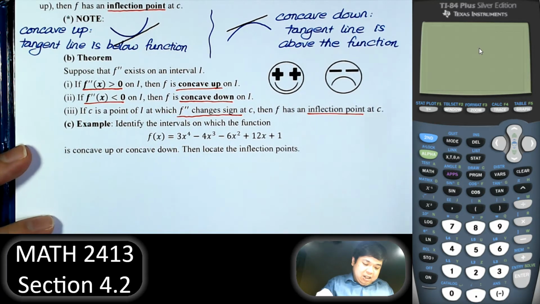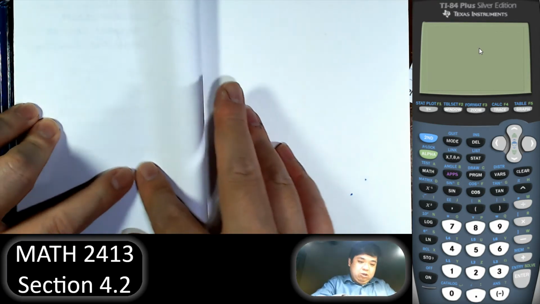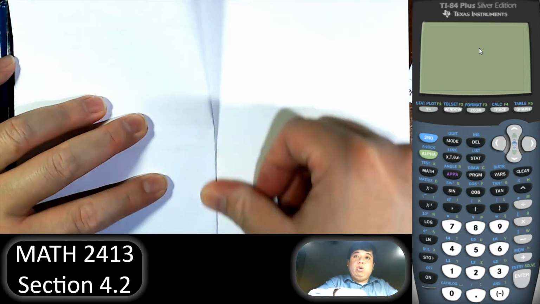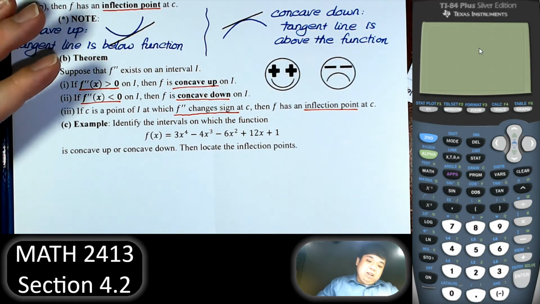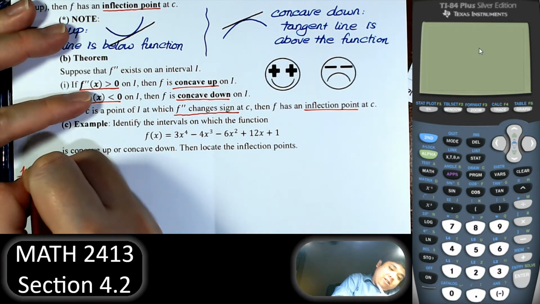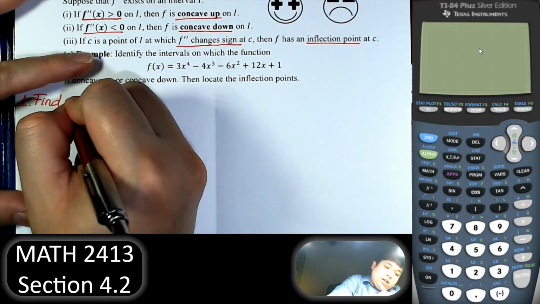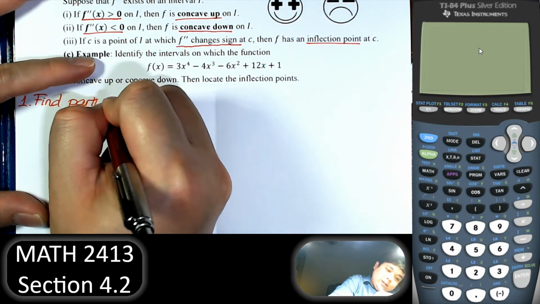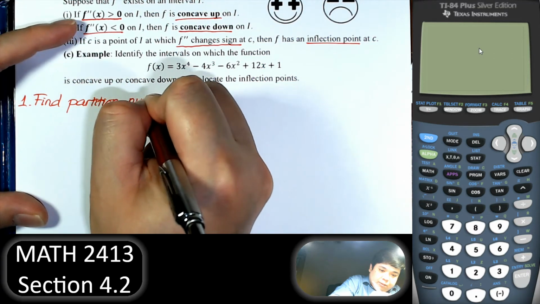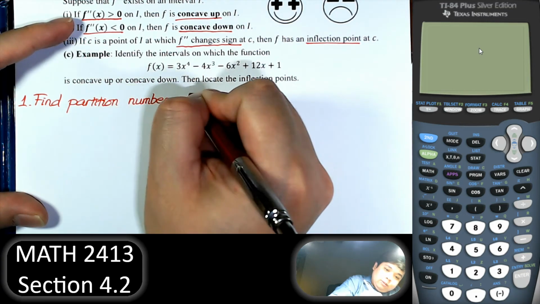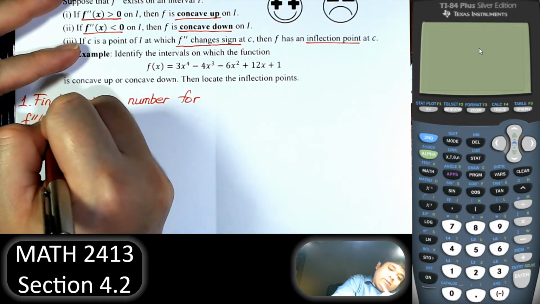But like I said, there is nothing equivalent to the first derivative's critical points, so we only have partition numbers. The first step is to find the partition numbers, this time for the second derivative.